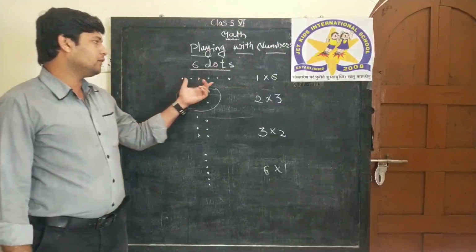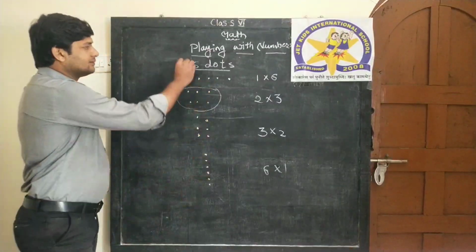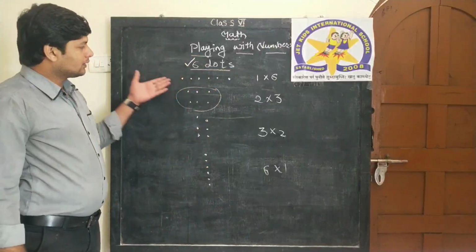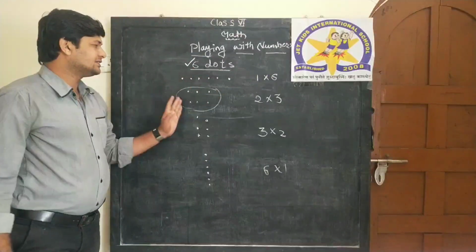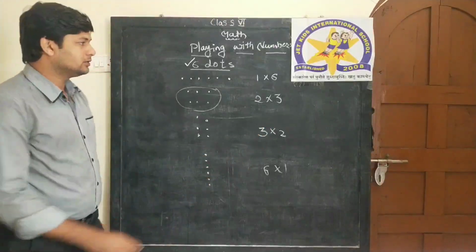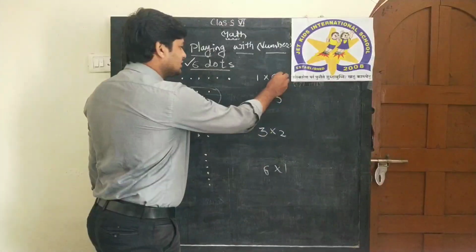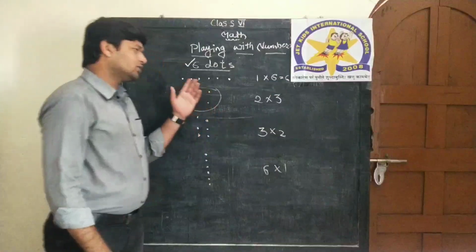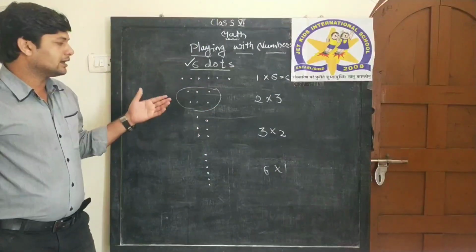For 6 dots, first we arrange 1 multiplied by 6, 2 multiplied by 3, 3 multiplied by 2, and 6 multiplied by 1. Each one gives the same answer, 6, because we have only 6 dots and we arrange them in different ways.